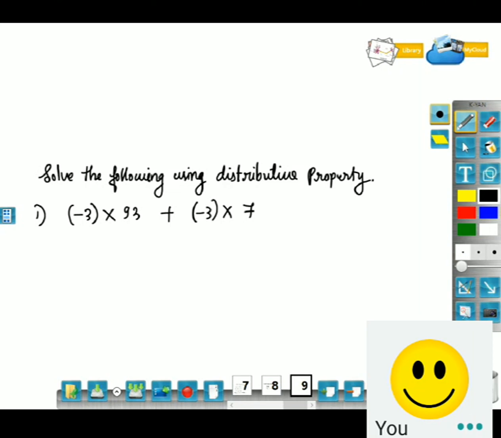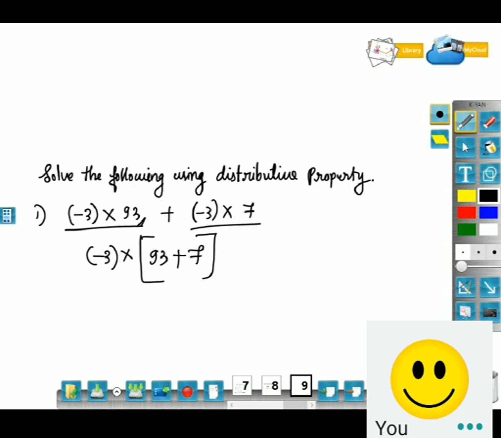Okay. So first identify which is the common number that we have in these two. So the first one is minus 3 into 93 plus minus 3 into 7. So here minus 3 is common to both the terms. Okay, so let us take minus 3 outside. If you take minus 3 outside, what is left? In the first one, 93 will be left, plus in the next one, 7 will be left.